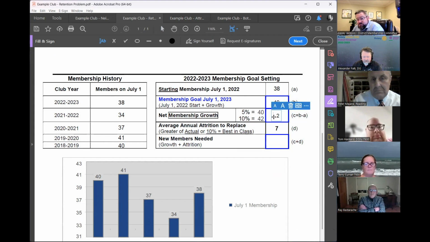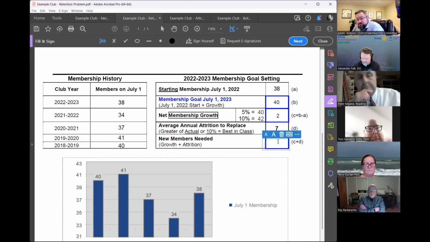2 members. But now it gets difficult because we have such a high attrition rate that we have to replace 7 members that we're going to lose this year. And that gets us to a total target of 9 members we have to recruit.